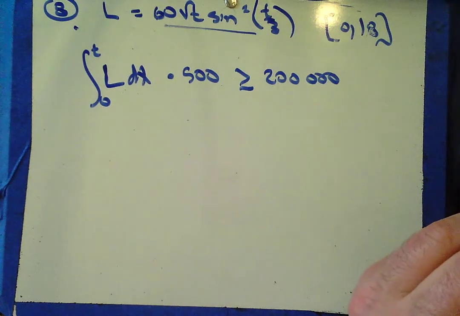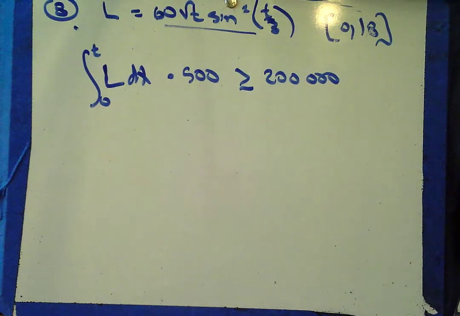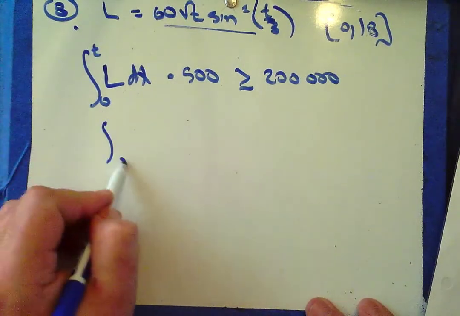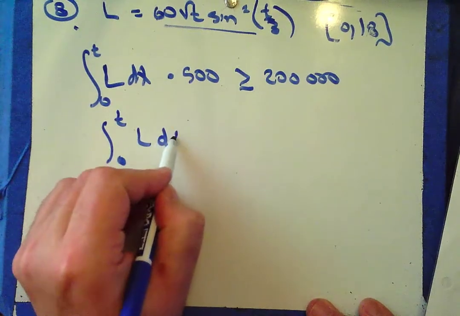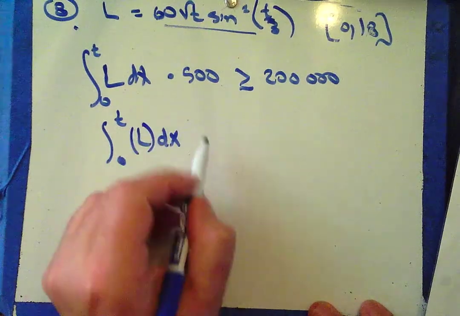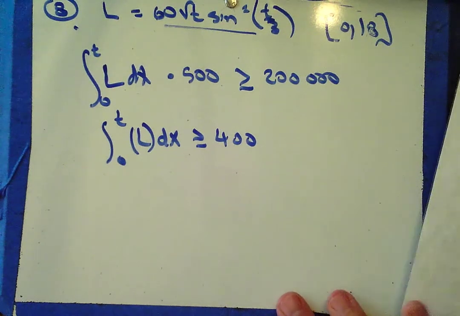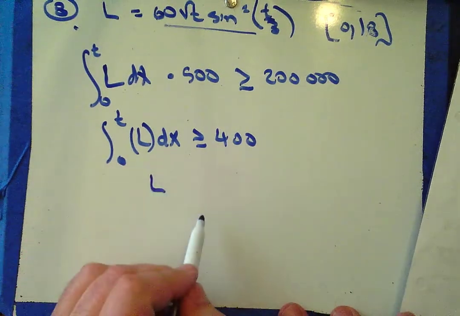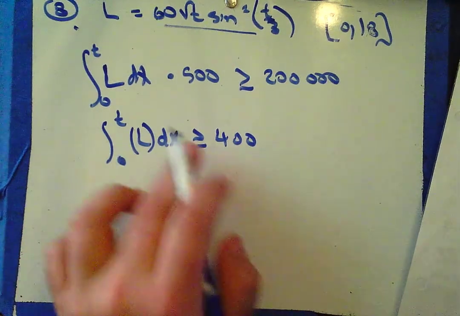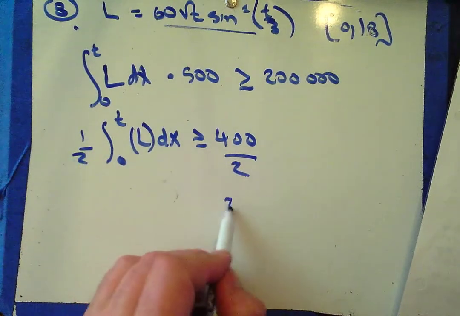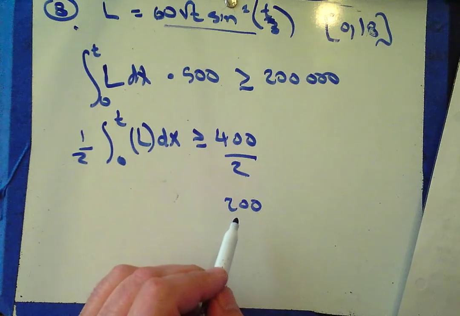Okay, so let's think about that. If I divide both sides by 500, I have the integral from 0 to t of L dx greater than or equal to 400. Okay. So this is a 2-hour interval. If I divide by 2, I get 200 for a 1-hour interval.